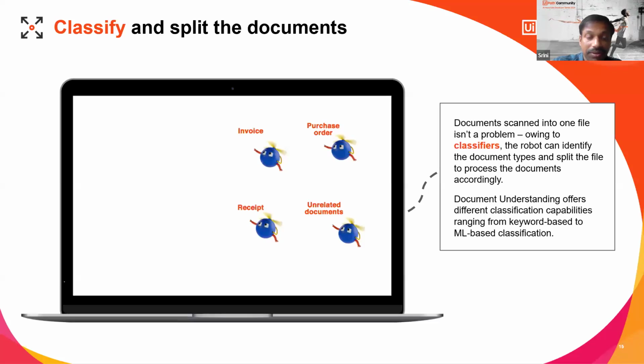Like you can see from the image, there are different categories like invoice, purchase orders, receipt, and unrelated documents. So it is based upon classification. Document Understanding offers different classification capabilities. We have activities like keyword-based and ML-based classification also.